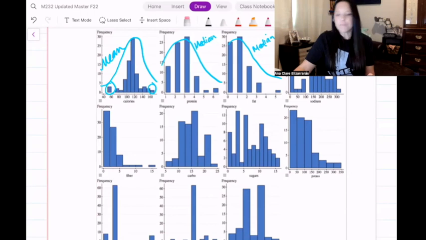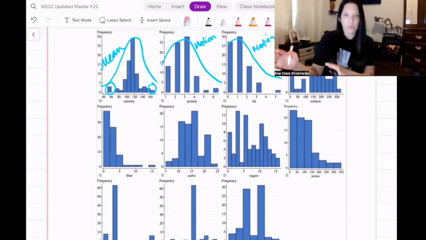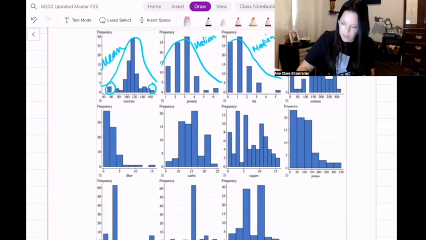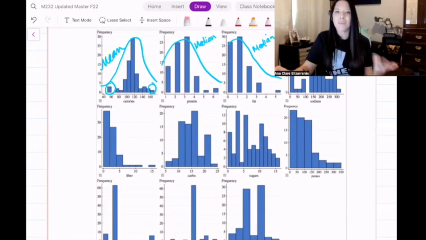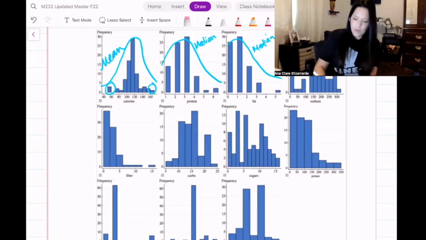For our sodium, it's not symmetric, and it is skewed to the right. It's hard to see because you've got a gap here, but you might even say that it's bimodal, but in this case, you definitely want to use the median. Fiber, skewed to the right, we would use the median.